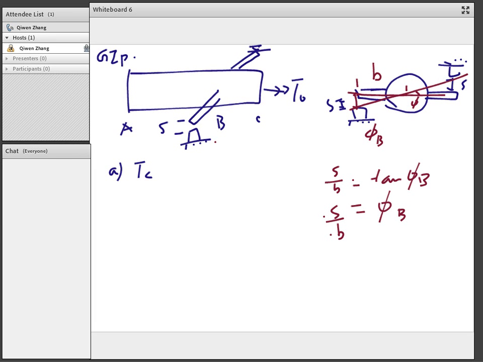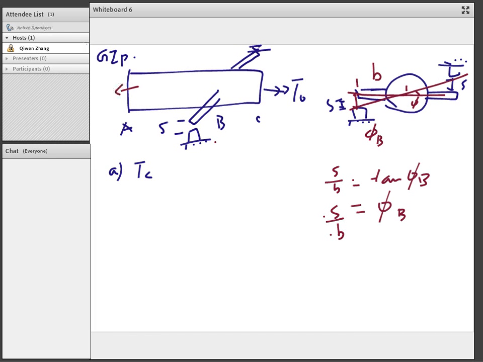In order to get phi B, we have to look at the rod itself. Because the beam barely hits the support, there is no force generated on both ends of the beam.